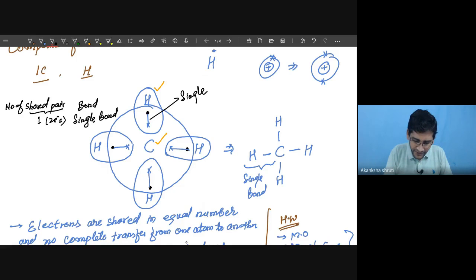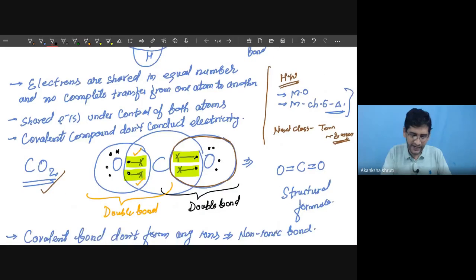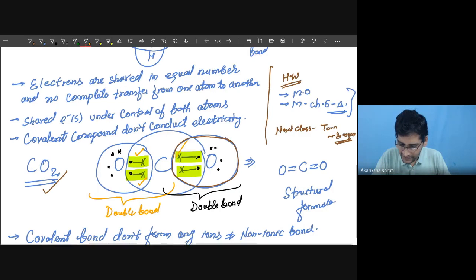If the shared pair is 2 in number, the total shared electrons will be 4 electrons in this shared region. Let us consider the carbon and oxygen. What is this shared region here? Student, this shared region is like this one.